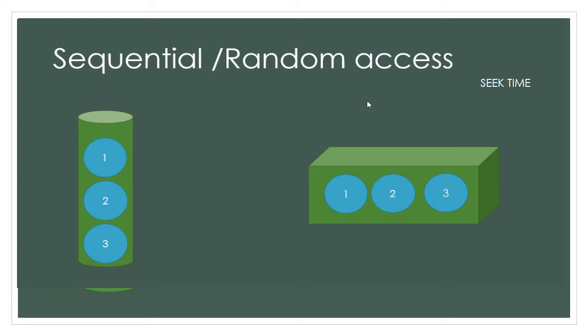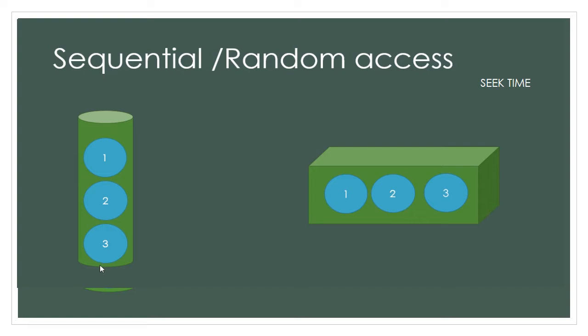So to understand sequential and random access, let us go through this example. Imagine that there are 3 items in a cylinder and in a box. The opening of the cylinder is at the top and this part is the opening for the box. In the case of a cylinder, to take out the third item, you first have to take out the first item, then the second item, and only then can you reach the third item.